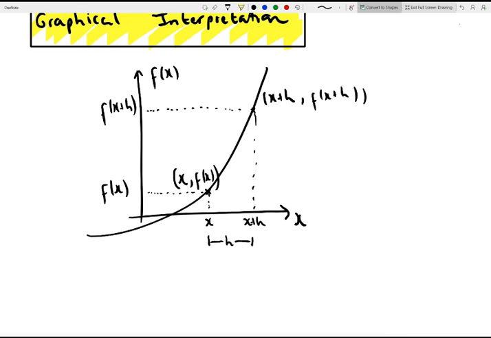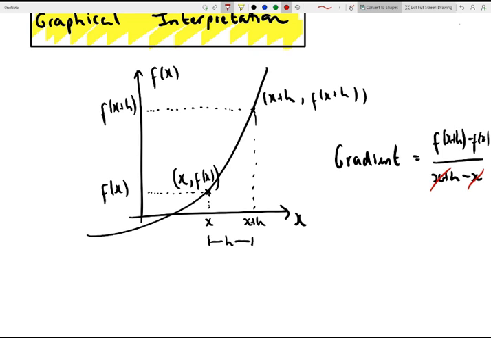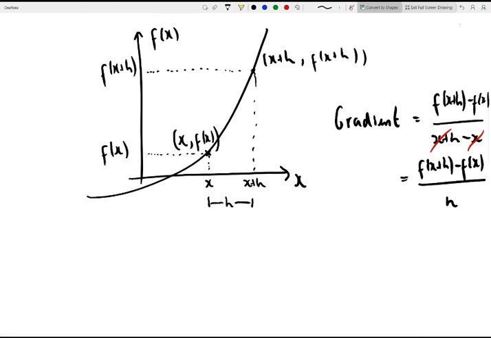Okay, and the gradient here is going to be the change in y, which is f of x plus h minus f of x all over x plus h minus x. Okay, where the x's cancel, so we're left with f of x plus h minus f of x all over h. Now all we have to do is take the limit of this as h tends to 0.